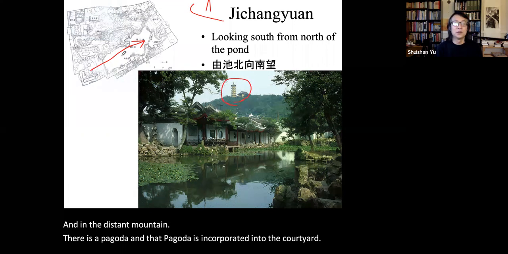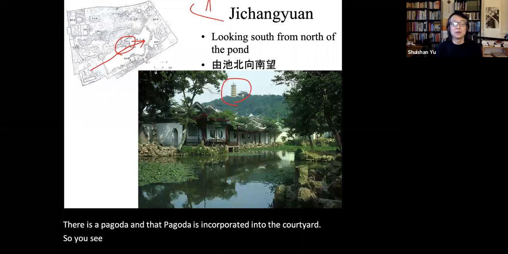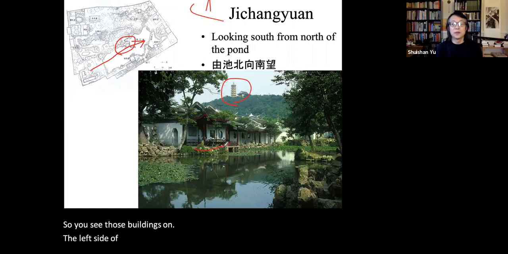So you see those buildings on the left side of the lake, and bridges and wall on the other side, but that distant view was not meant to be blocked.